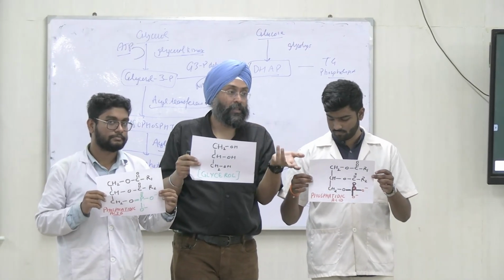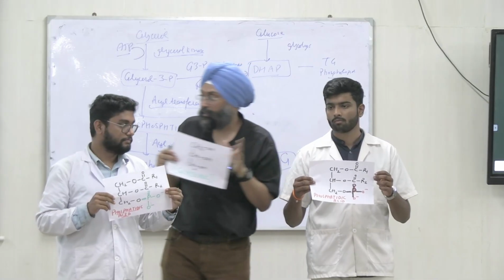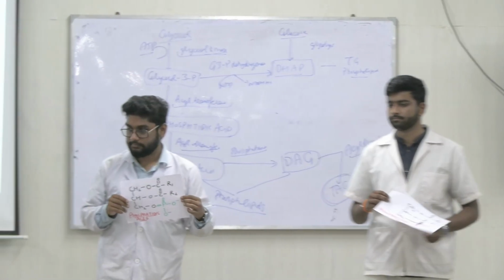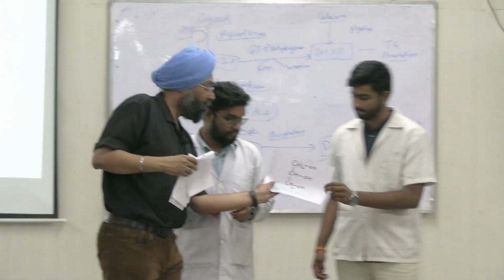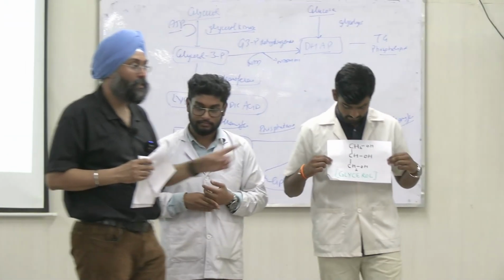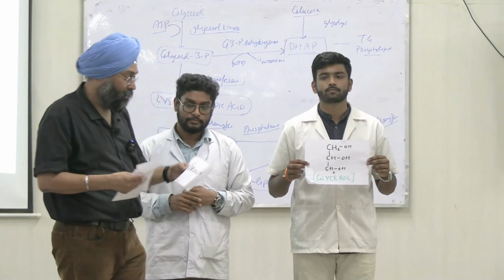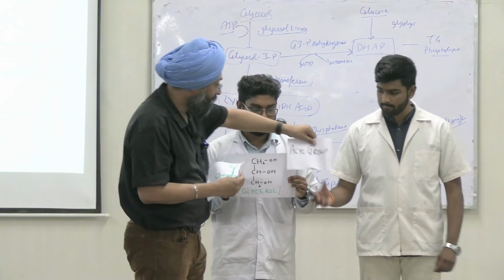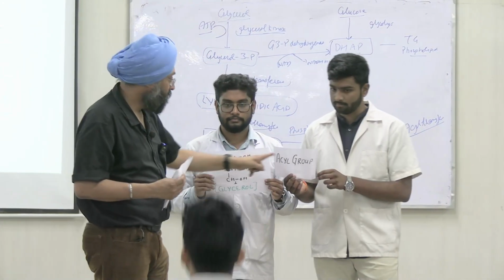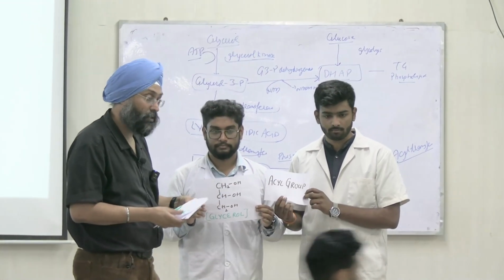So should I repeat? Tell me. Just start from the beginning. We started from glycerol. Glycerol means 3 O's. We attach 1 acyl group, it becomes monoacyl glycerol.